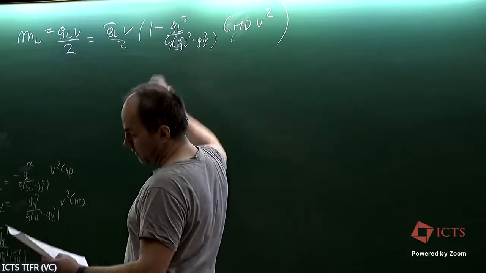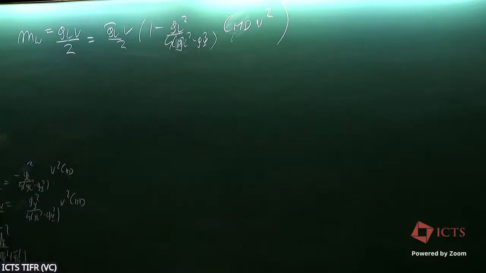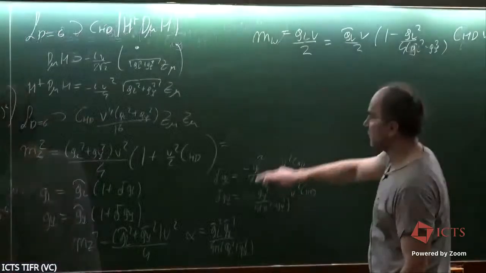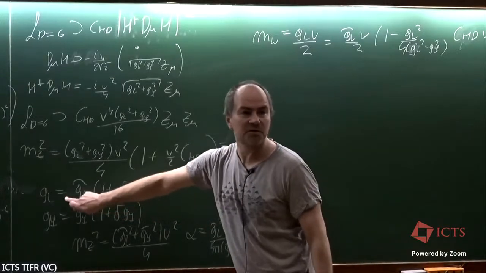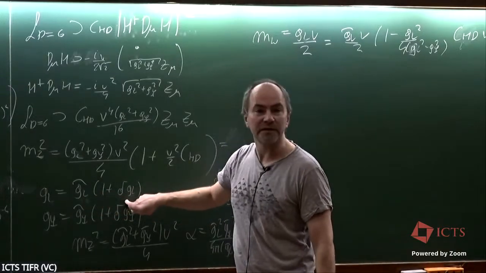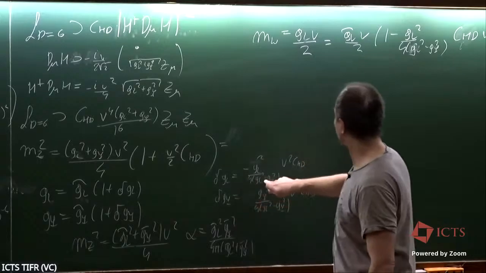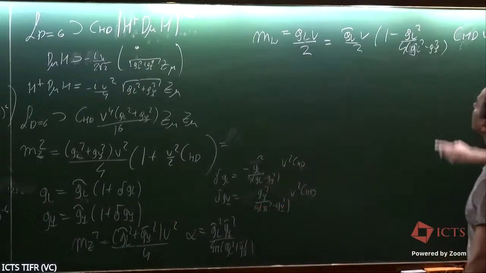And now from these corrections we can constrain this. Actually MW is the most constraining observable. I think I define it like that, that GL is GL twiddle (1 plus delta GL).